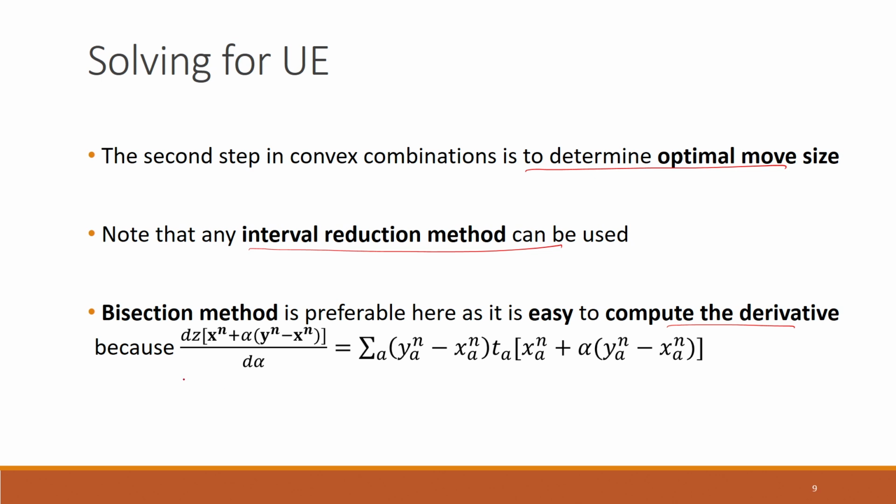When you take the derivative of the function z as a function of xn plus alpha times yn minus xn, and differentiate it with respect to alpha, this is the expression you will get. Okay, this is easier to evaluate than evaluating the objective function values at two interior points in the golden section method when the objective function has integrals in the user equilibrium formulation. Okay.